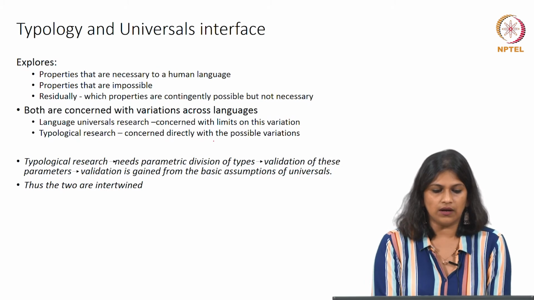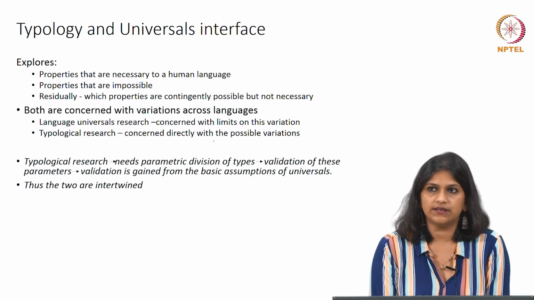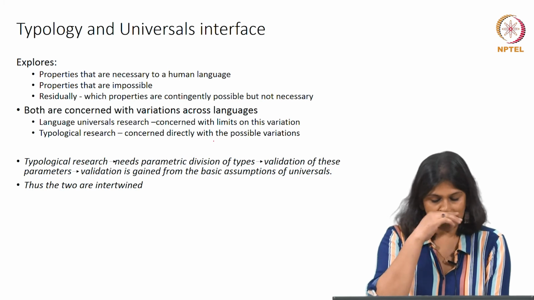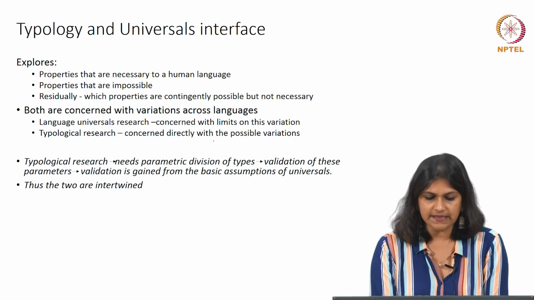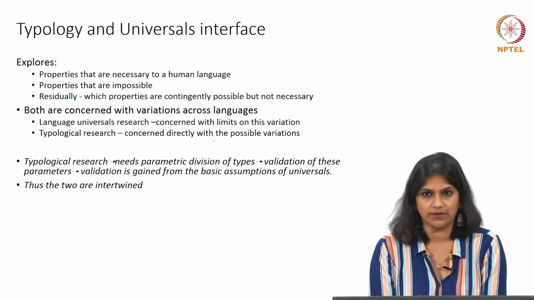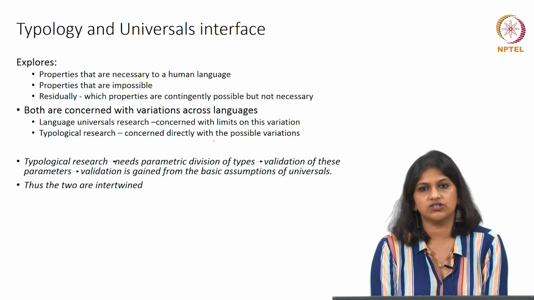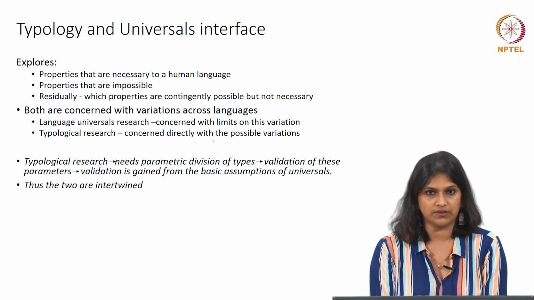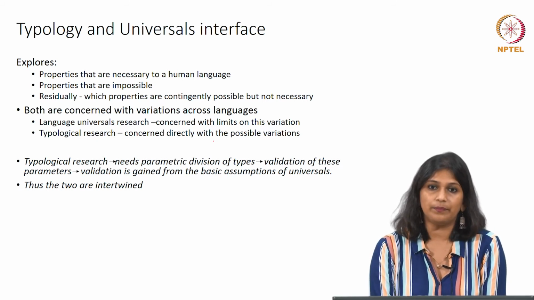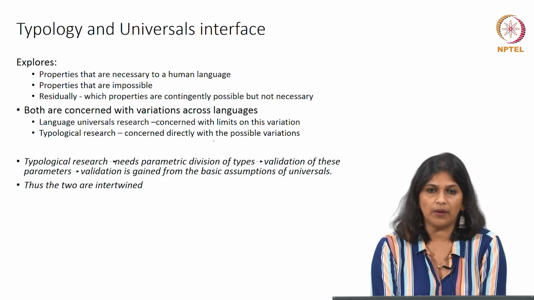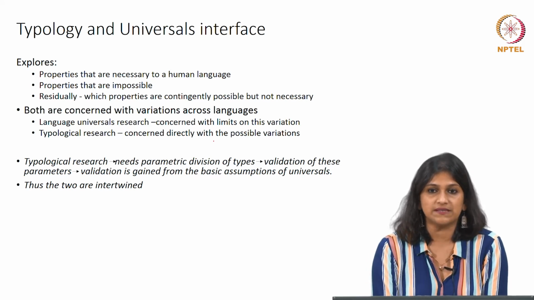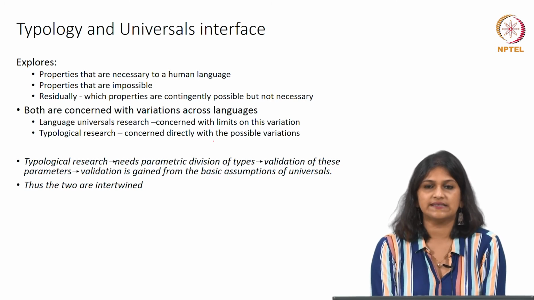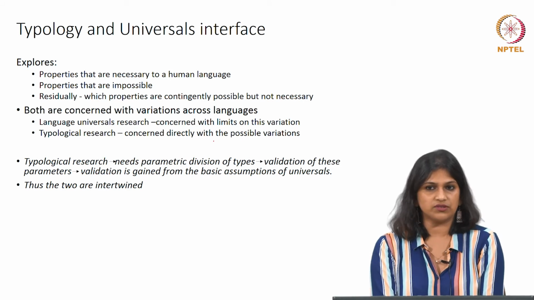Okay. So, what does typology literature explore? Typology literature explores properties that are necessary to a human language, because the entire discussion in linguistics revolves around human language or natural language, or you can say big L. And it also gives us an idea what are the possible properties, or which can be considered as a possible language, or what are the possible properties that human languages may have, which are the properties which they would never have.